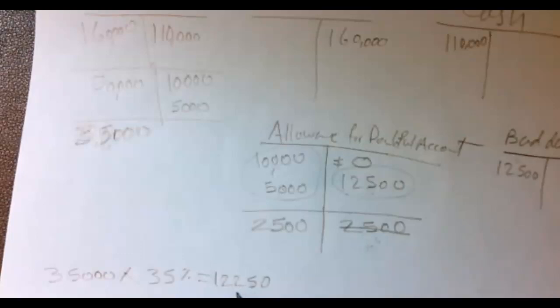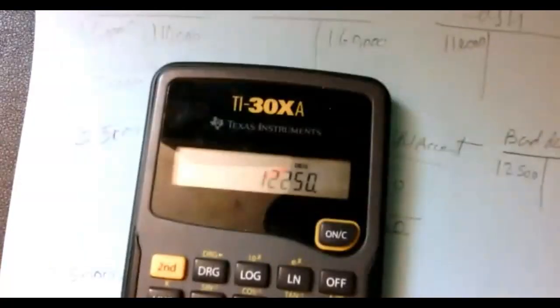How much? 12,250. But I am already 2,500 in deficit. So how much do I have to put in the journal entry to make it 12,250? Because I'm already 2,500 in deficit, I'm going to add another 2,500, so 12,250 plus 2,500 deficit is 14,750.